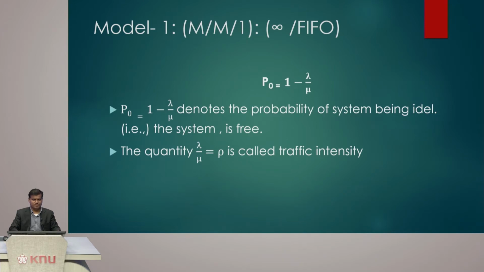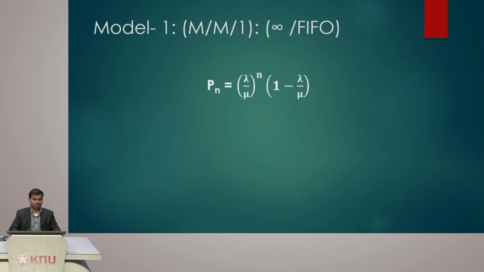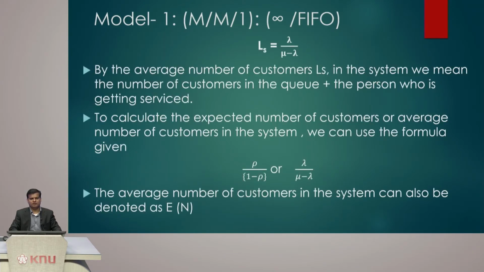Generally speaking, this lambda by mu is also called the traffic intensity rho. And P sub n equals lambda by mu, the whole power n, times 1 minus lambda by mu.